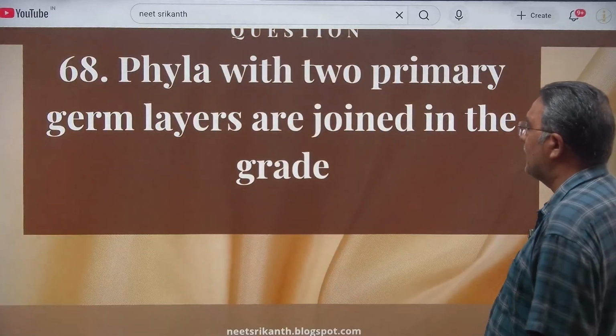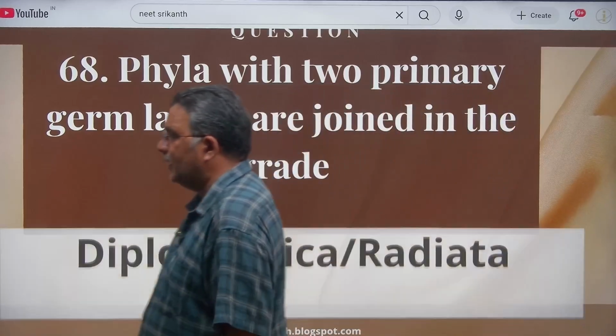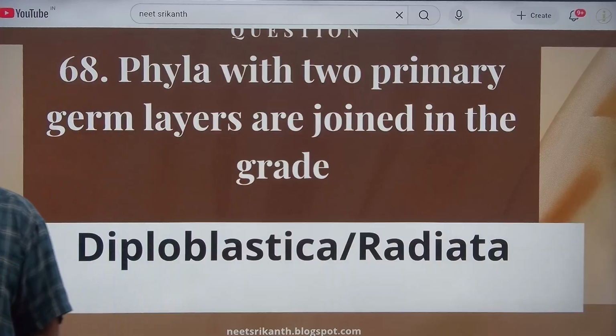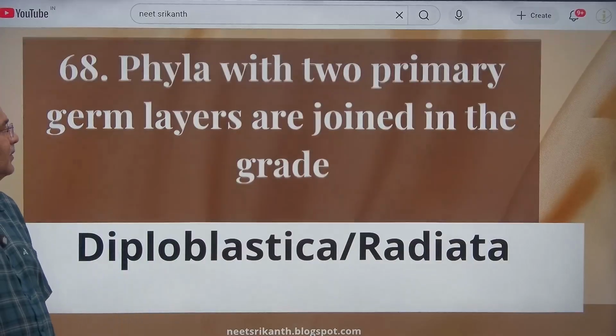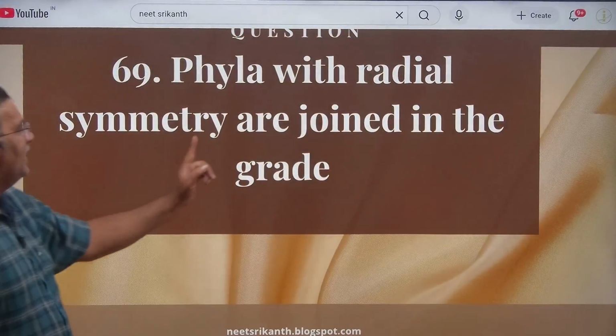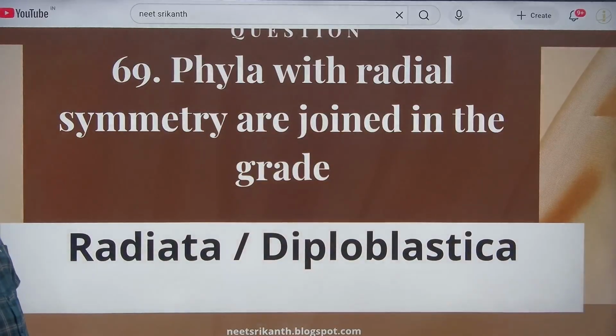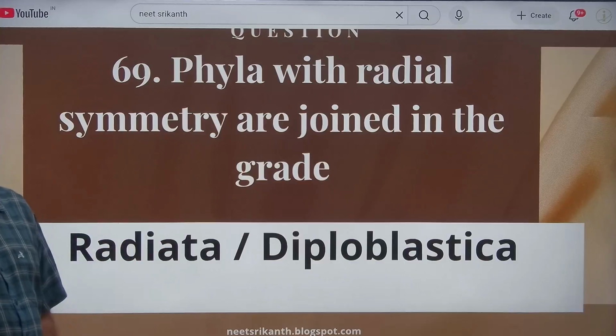Phyla with two primary germ layers are joined in the grade Radiata or Diploblastica. Phyla with radial symmetry are joined in the grade Radiata or Diploblastica.